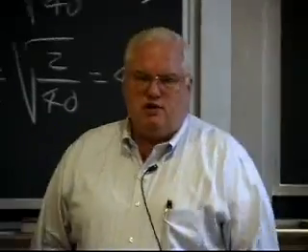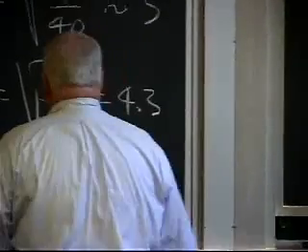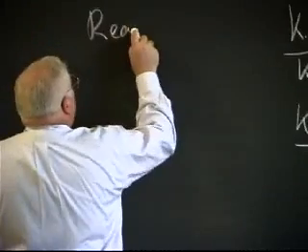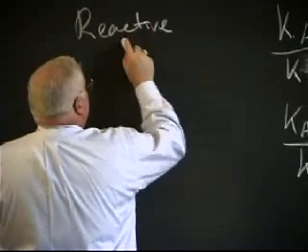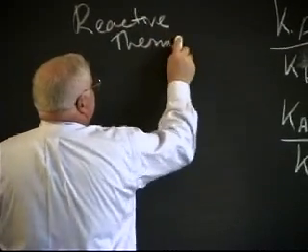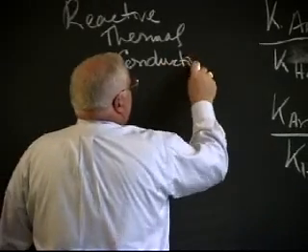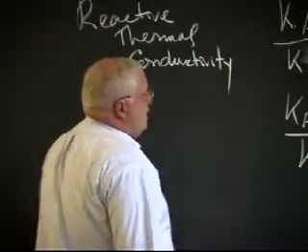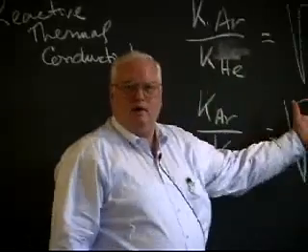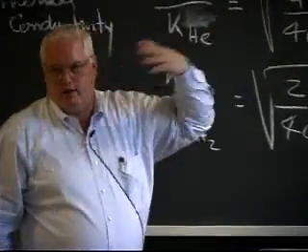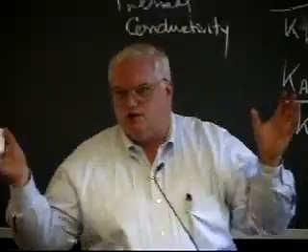However, there is something in a diatomic gas called the reactive thermal conductivity. And it turns out this simple approach, taking the inverse square root of the mass, which comes out of the kinetic theory of gases, just treats all atoms as simple little billiard balls bouncing around in the air, right?